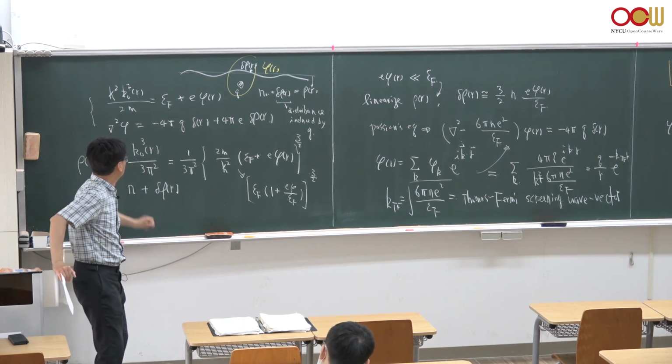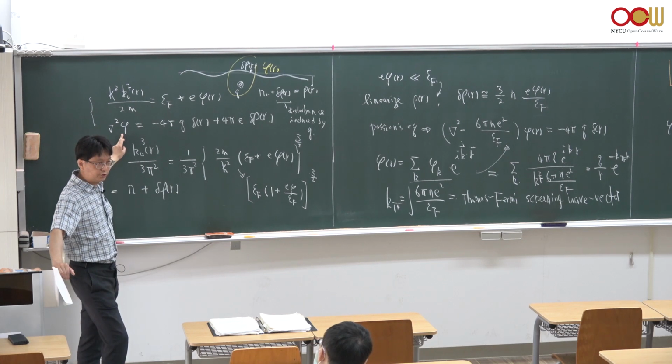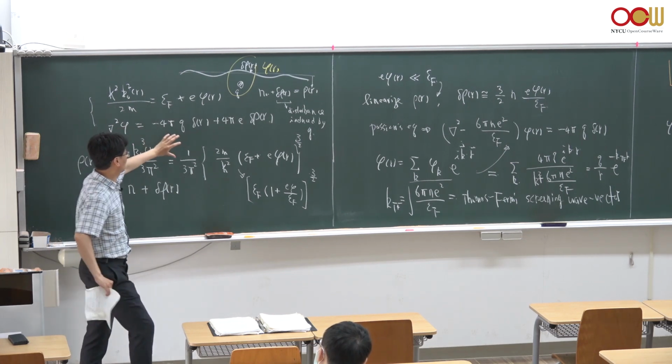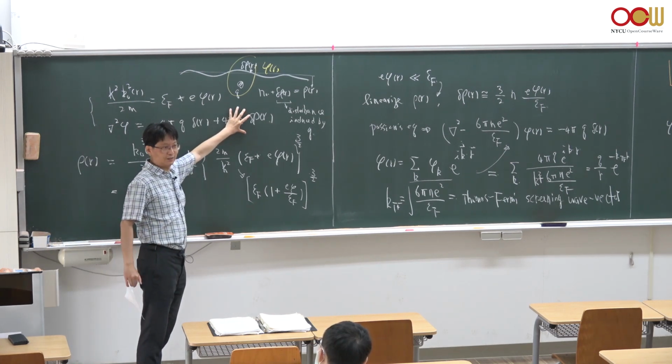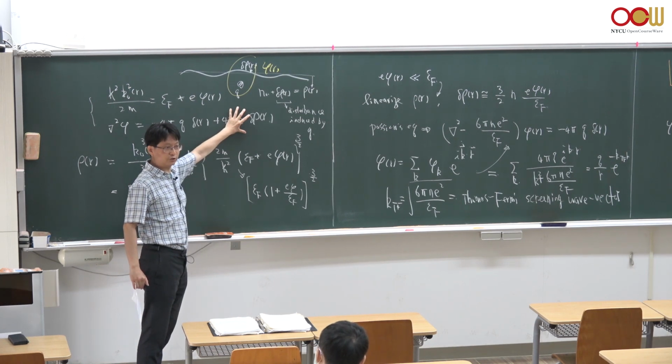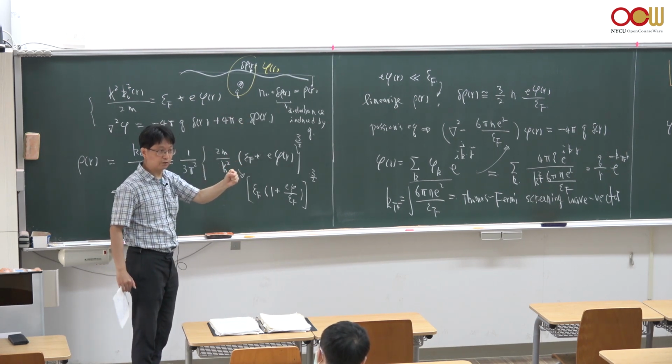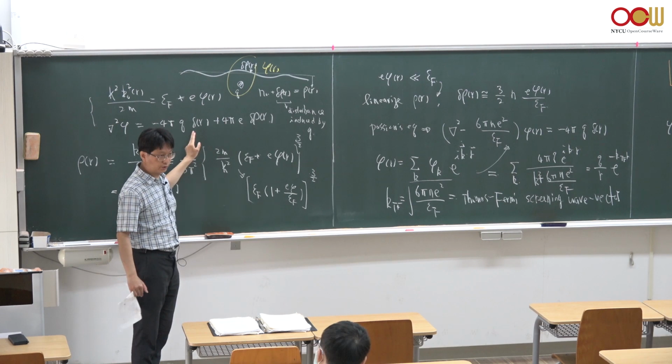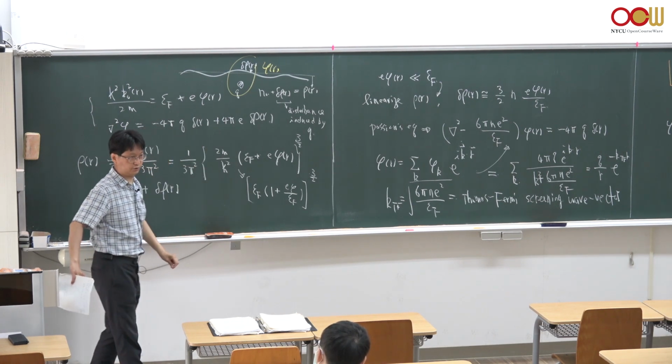So when you really calculate this Coulomb potential, it is no longer just contributed from this test charge or isolated charge anymore. You need to consider the response from the other charges.